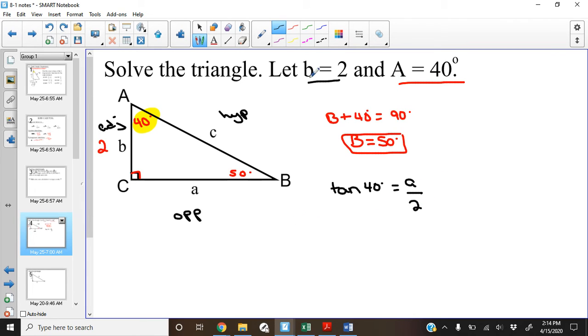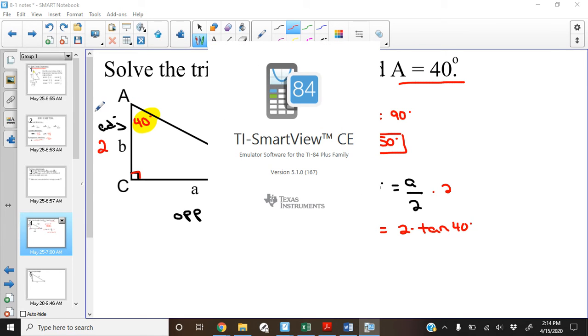Now, how do I get A by itself? Well, I multiply by 2 on both sides. So that means that A is going to equal 2 times tan of 40 degrees. So if you were to type that into your calculator, you would find what A is.